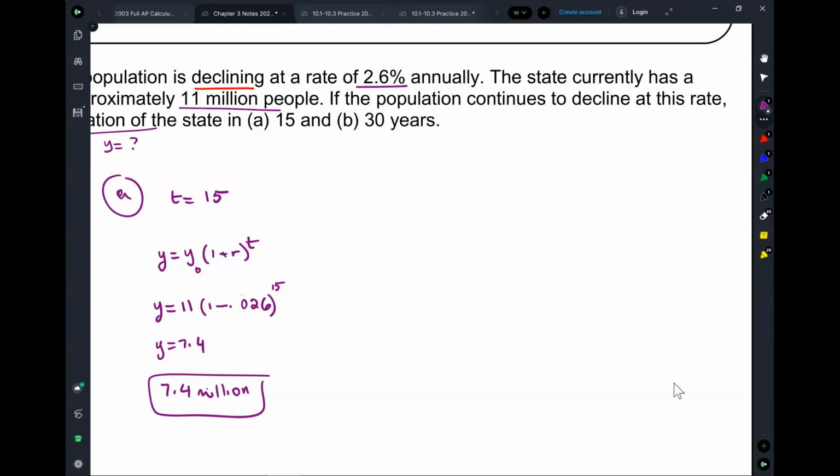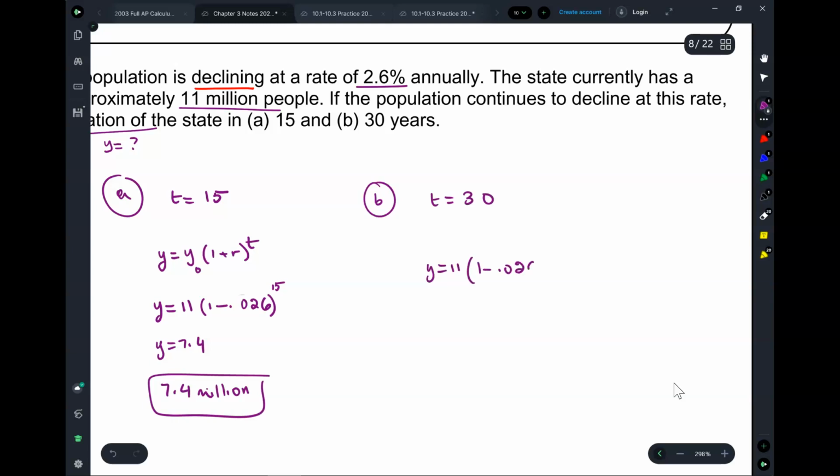Obviously, if on a test or quiz or homework you wrote 7.4 versus 7.4 million, that can't be full credit. For part B, what's the only thing that's changing? t is 30, so it's 11 times this to the power of 30.